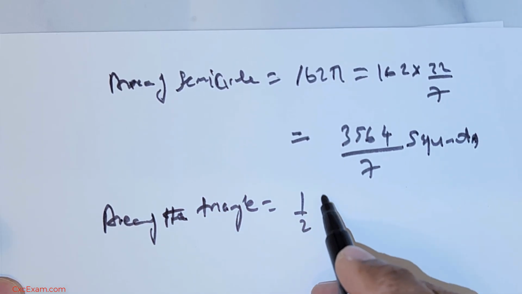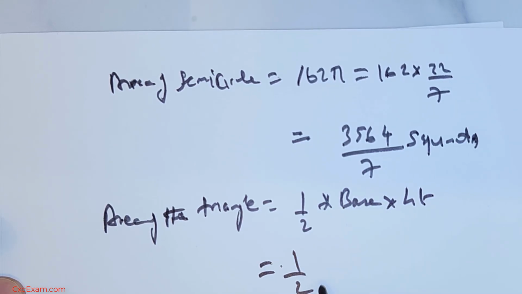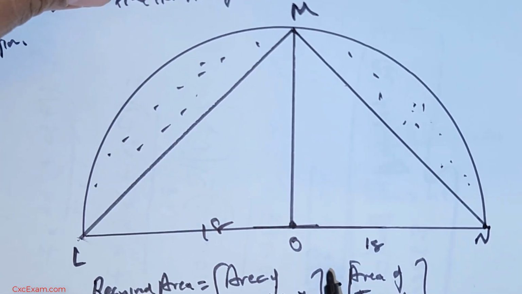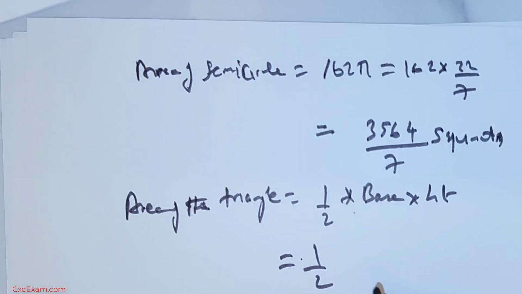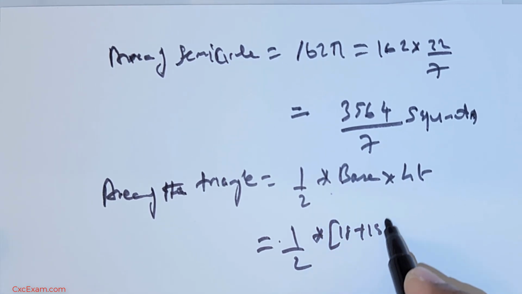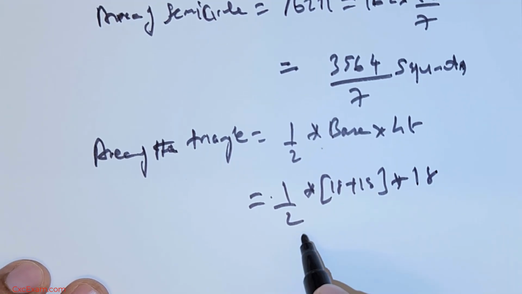That is nothing but half times base times height. So what's the triangle? What is the base? Base is 18 plus 18, right? And what is the height? Radius is already given as 18. So base is going to be 18 plus 18. Height is going to be another 18.